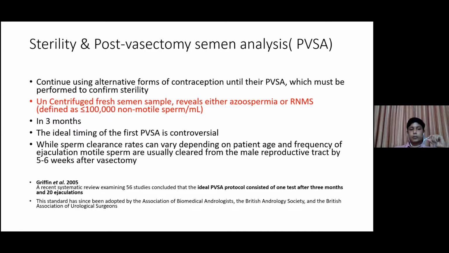Guidelines recommend it should be done at 3 months. In some, the timing is controversial. What they say is that 20 ejaculations should occur within the 3 months.